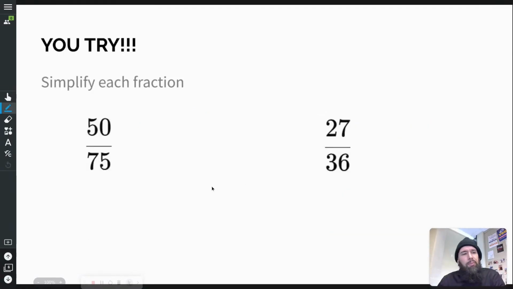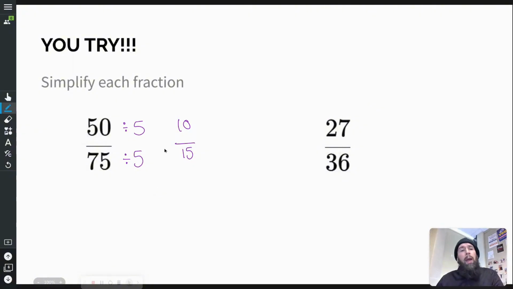Oh well. Simplify each fraction again. Let me think. I can divide them both by 5. Let's just do that. Let's have some fun. Divide by 5. 15 divided by 5 is 10. 75 divided by 5 is 15.